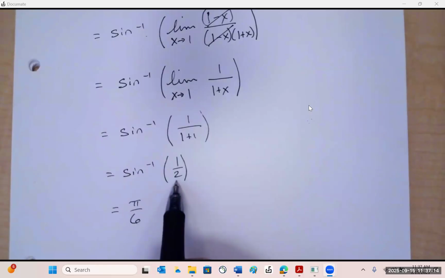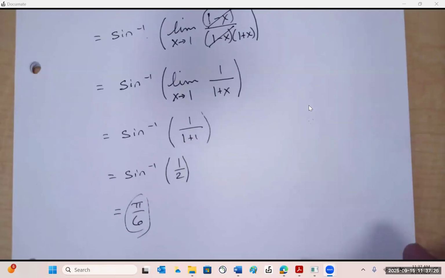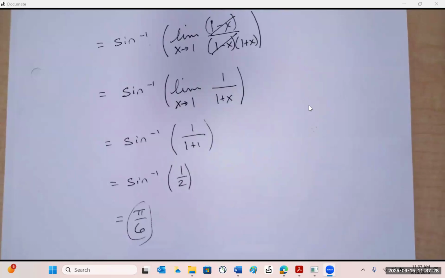This is the answer. What's the question? What's the angle that gives me that answer? Make sense? So you see how theorem 10 is applied here. All you have to do is take the limit of the inside function and then take the outside function to that value.